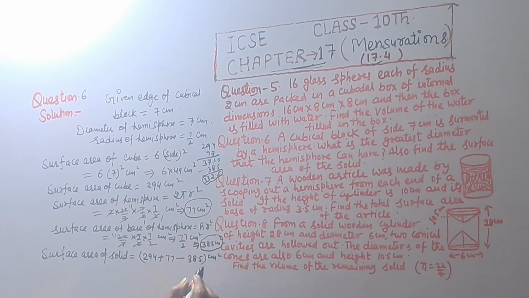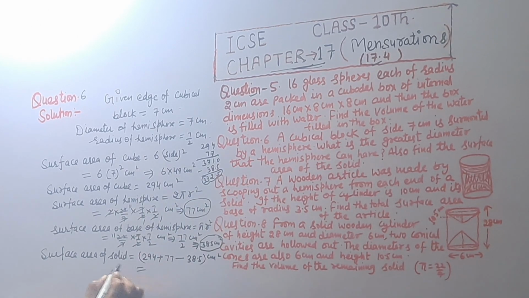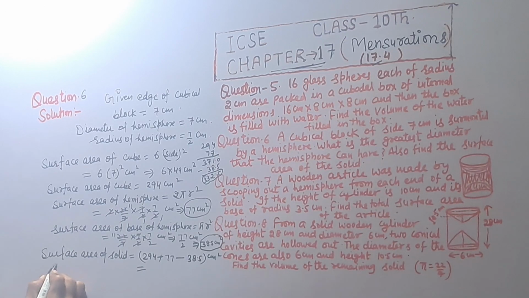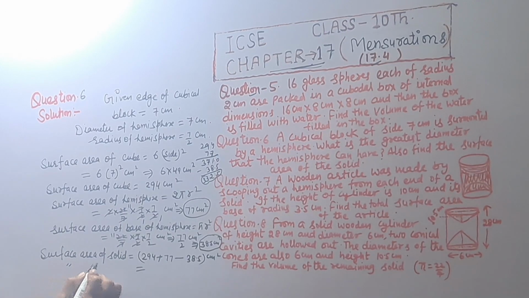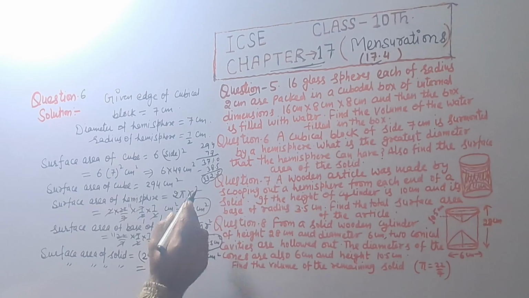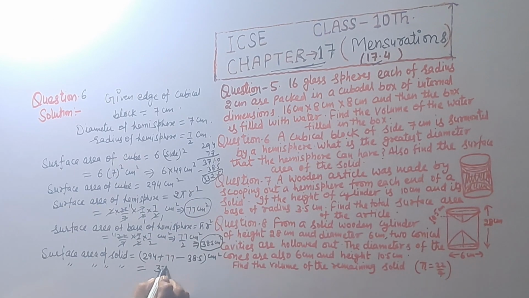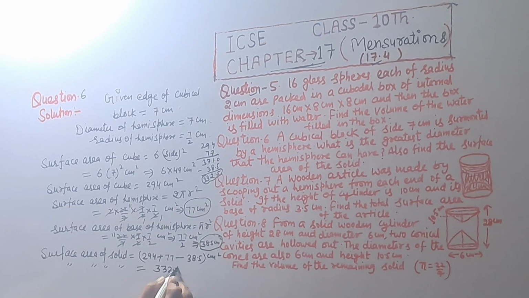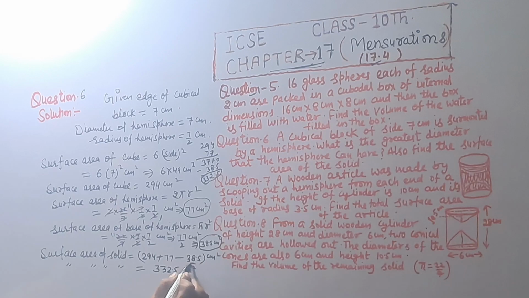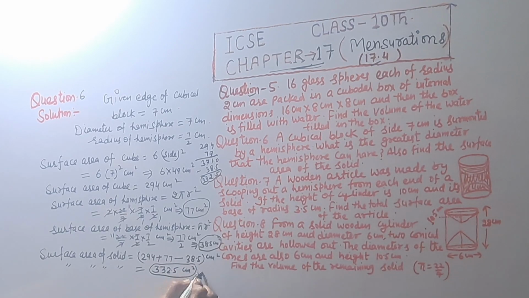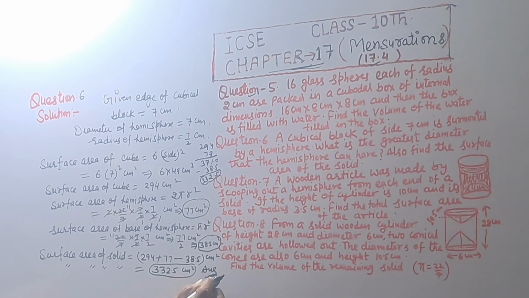So we get surface area of solid is equal to 332.5 centimeter square. Answer.